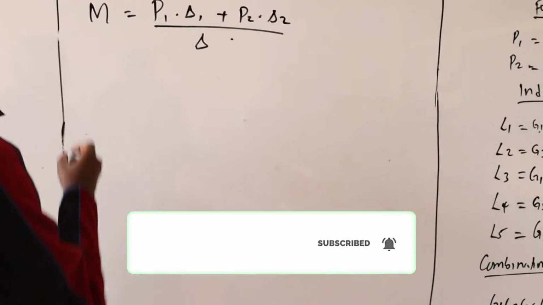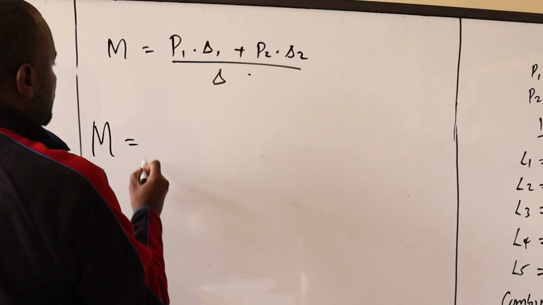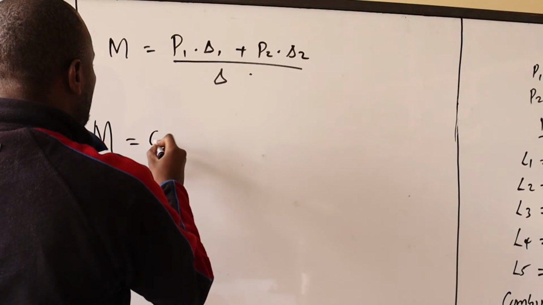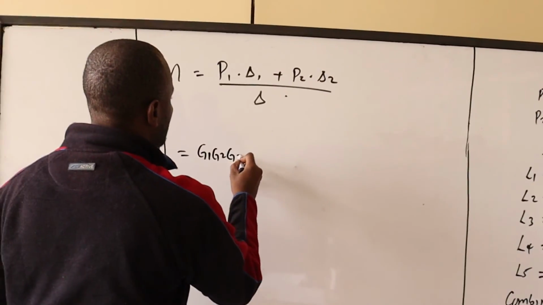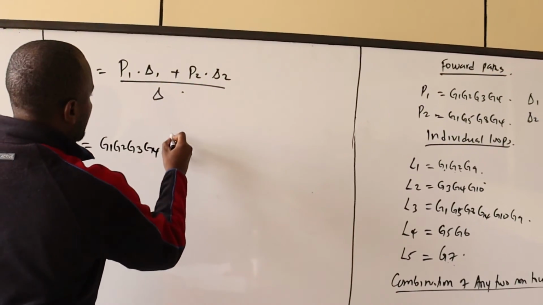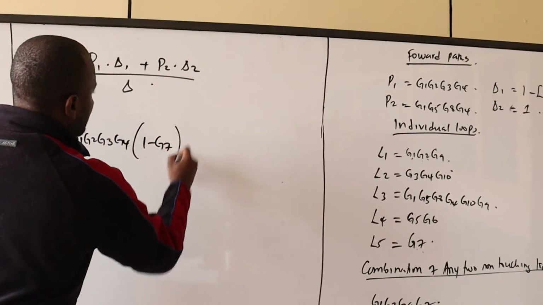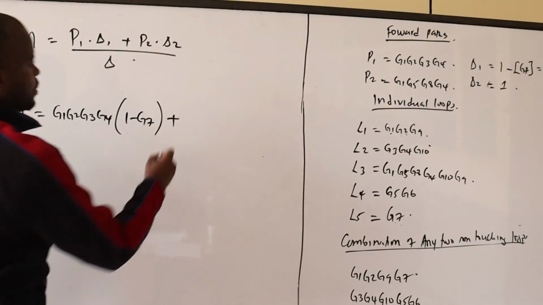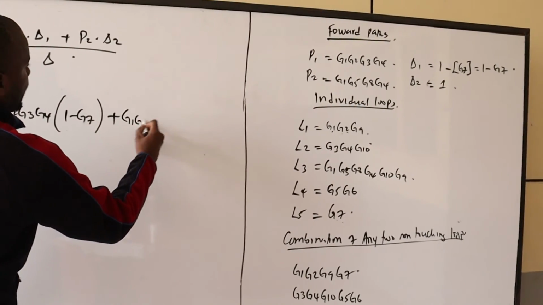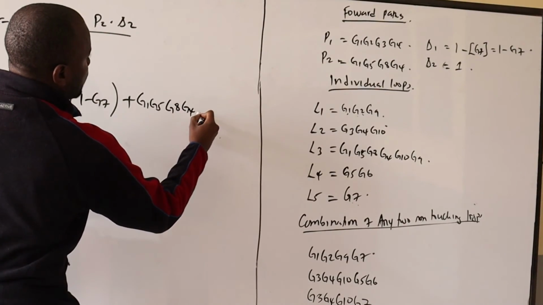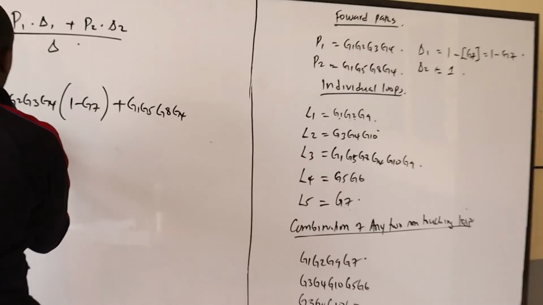Our M is going to be G1, G2, G3, G4 into 1 minus G7, plus G1, G5, G8, G4 times 1, which will not have any change.